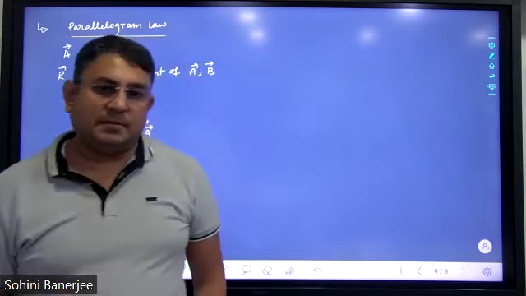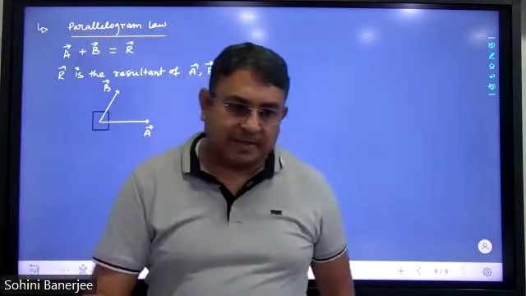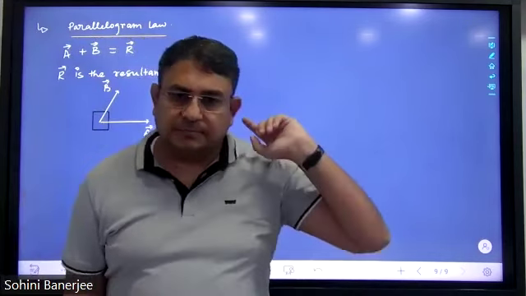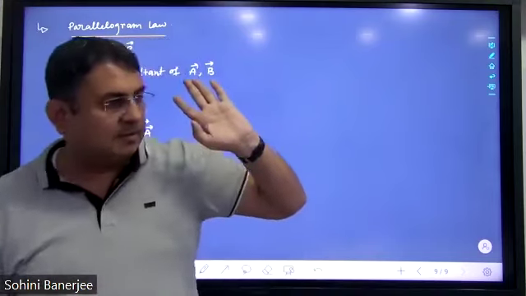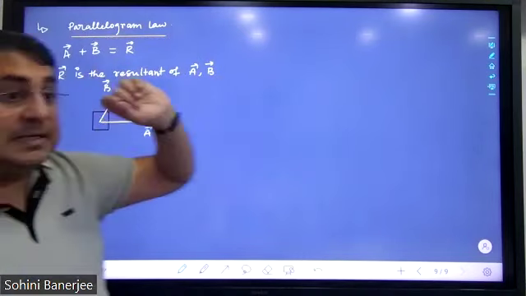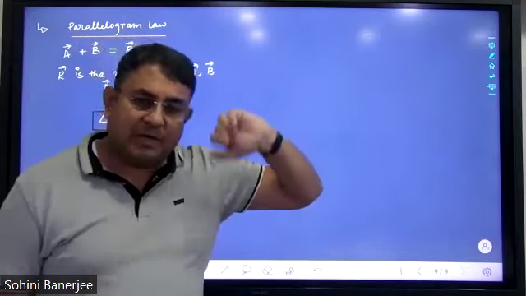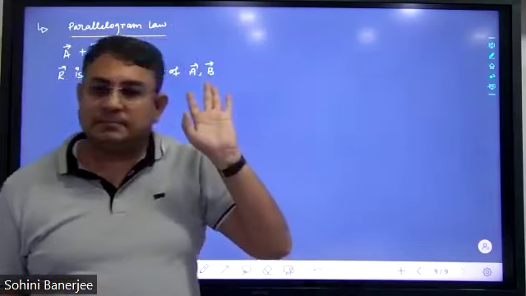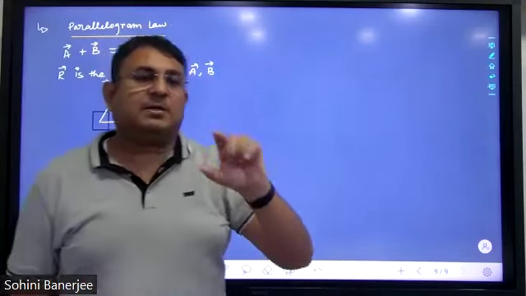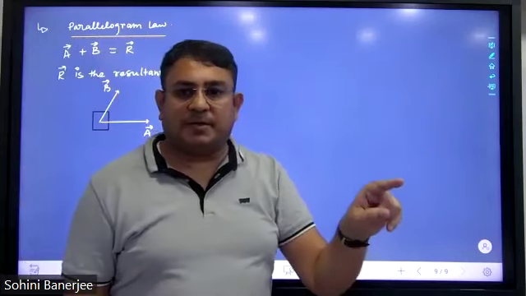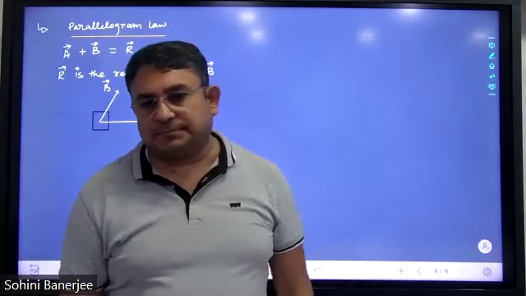The forces are not in the same direction, so it is not going to be just like a scalar addition. It is a pure vector addition. So adding this A and B, we receive a single vector, a single force. We'll learn now how to receive that single vector. The parallelogram law will enable us to get the resultant vector obtained by adding two vectors.